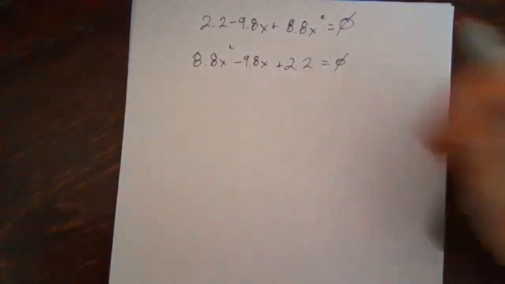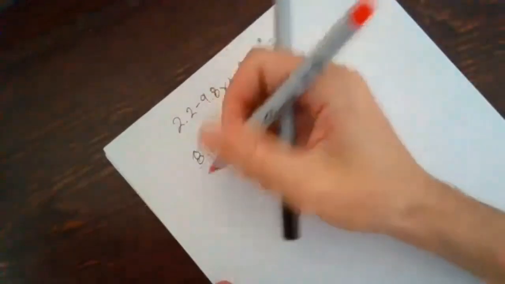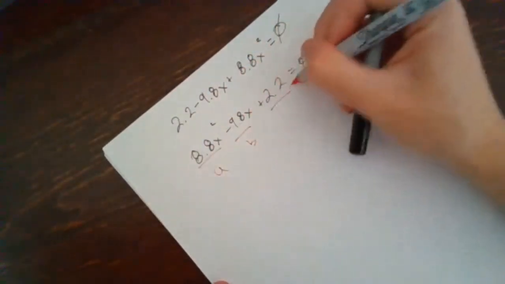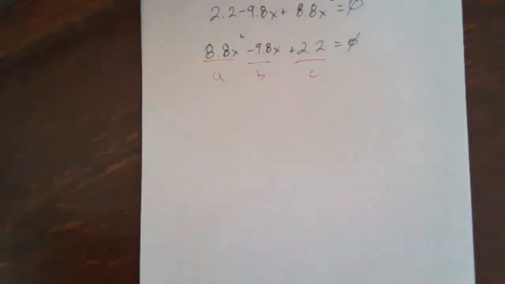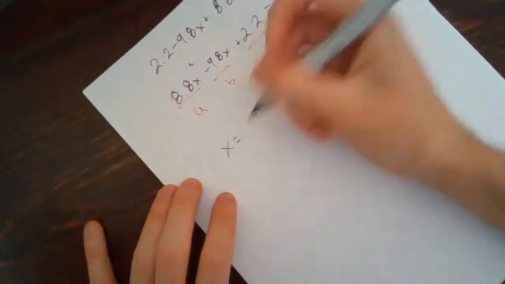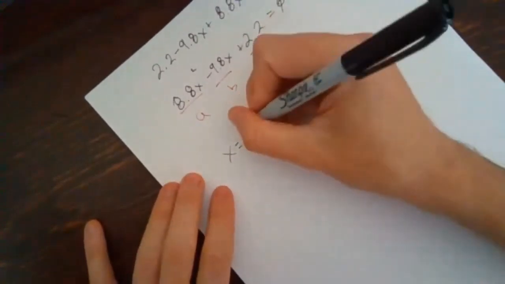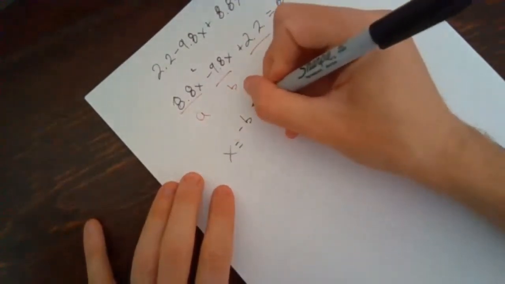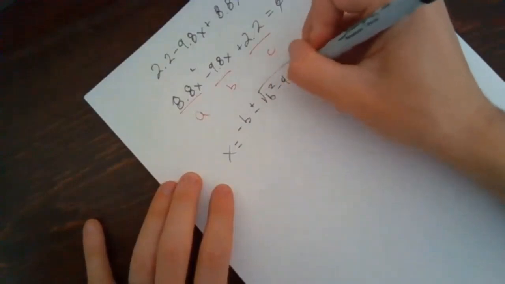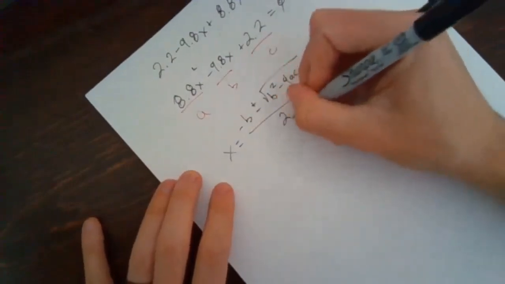And what I can see from that is that this 8.8 I could call A, the negative 9.8 I could call B, and the 2.2 I could call C. If I define those in such a way, I can use my good friend, the quadratic equation, in order to solve for those roots. Negative b plus or minus the square root of b squared minus 4ac, all over 2a.